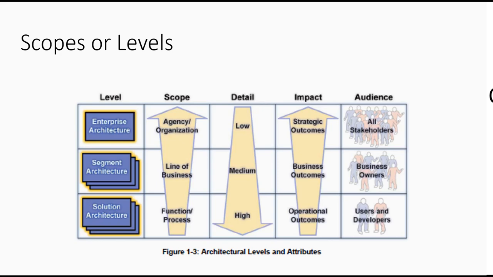At the bottom you have the solution architecture, which is very narrow and very deep. In the middle is the segment, which has a moderate breadth and moderate depth, so it can become the largest of the three. If you multiply 1, 2, and 3 times 1, 2, and 3, you'll get the idea. 2 times 2 is 4, and that's the biggest number you get out of that.